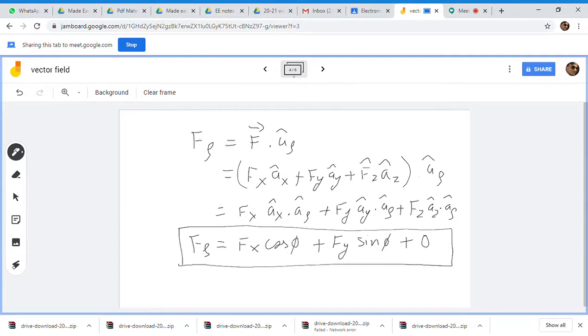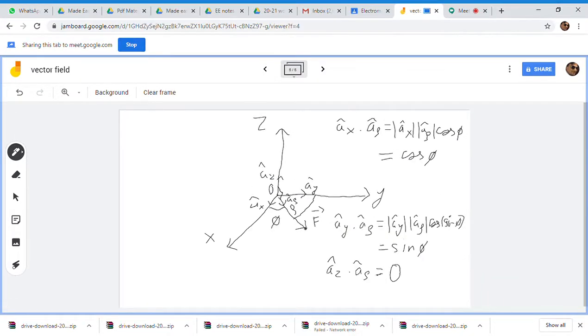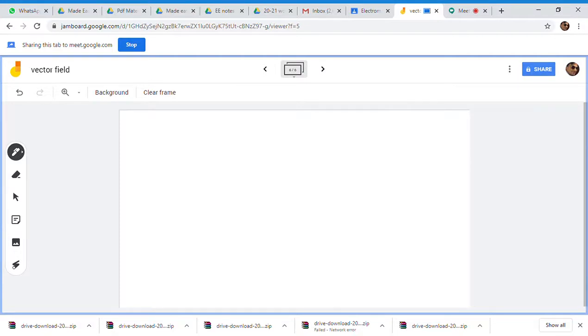So to convert your xyz coordinate system into cylindrical coordinate system, or cylindrical into xyz, you can also do this. For a vector field you have to do this, so you need the dot products of each unit vector in xyz coordinate system with the cylindrical coordinate system.